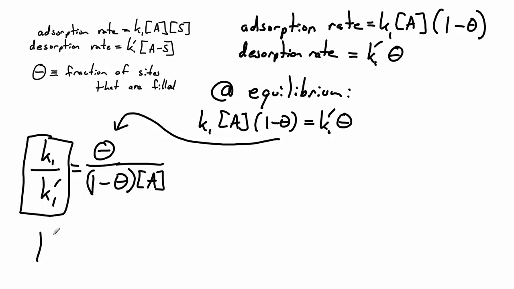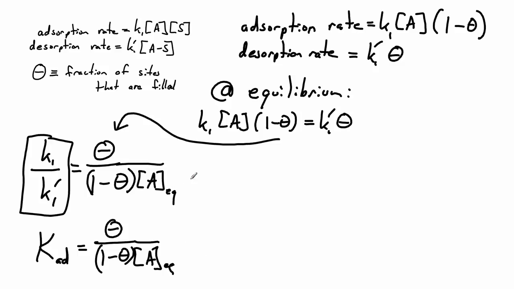So we'll call this K for adsorption. Notice we're writing it as a large K now. It's no longer a rate constant, it's an equilibrium constant. So K adsorption is equal to theta over 1 minus theta, over the concentration of adsorbate. And we should be a little bit careful here. These are equilibrium values, right? These are equilibrium values. Okay.